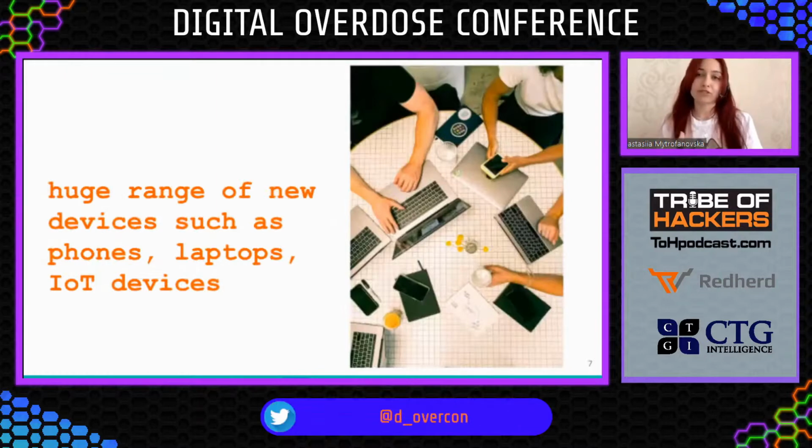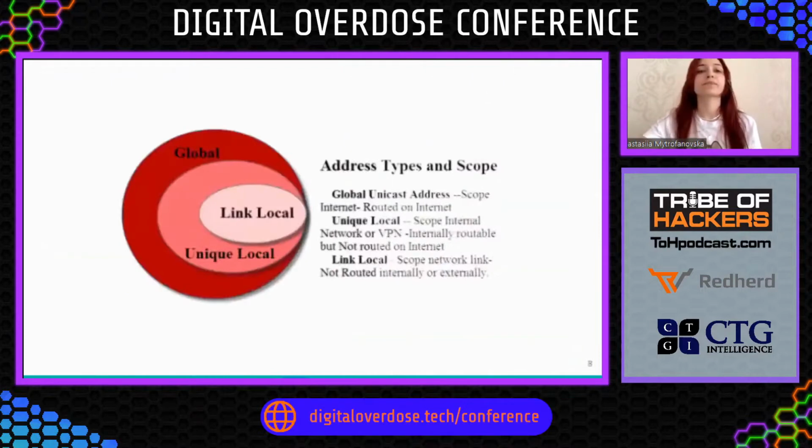The expanded addressing capacity of IPv6 will enable supporting connectivity for a huge range of devices such as phones, laptops, IoT devices. And eventually, the enormous amount of IP addresses gives an opportunity to get rid of network address translation or NAT.